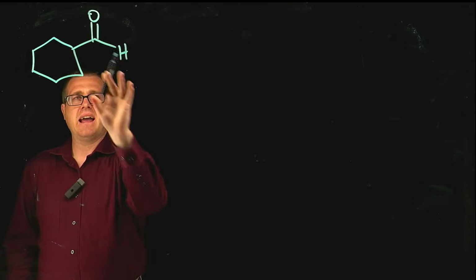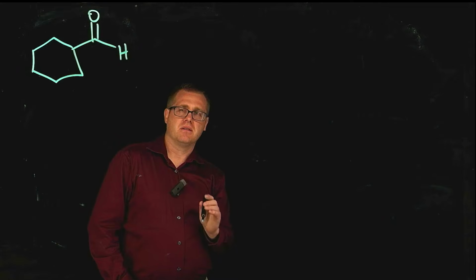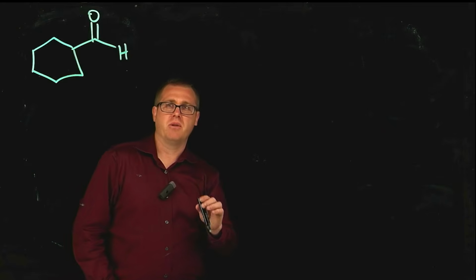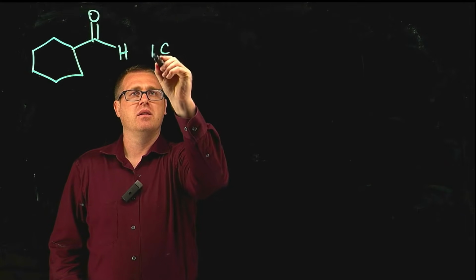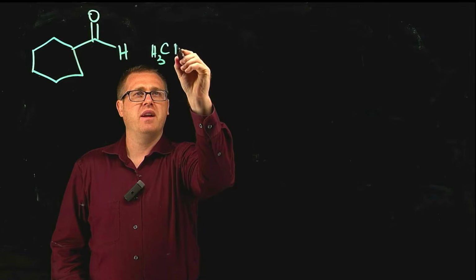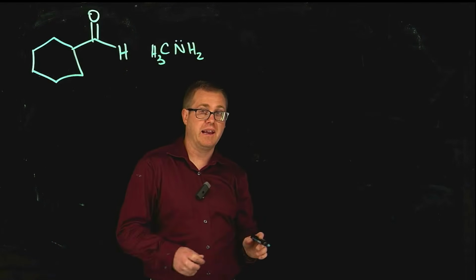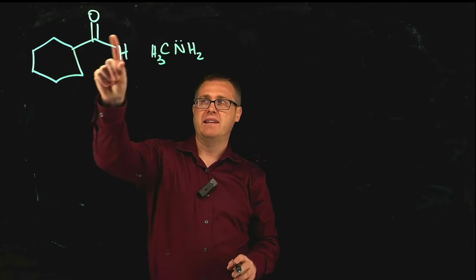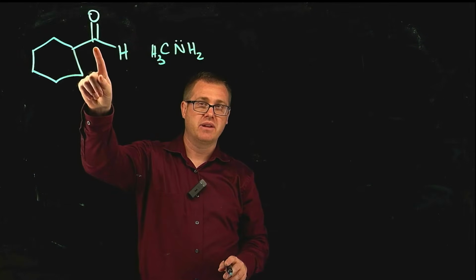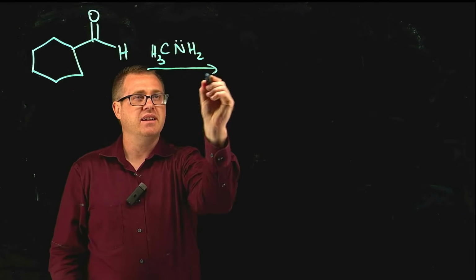So let's say we have an aldehyde here, and we want to treat it with a primary amine. Now this is very important that you understand the distinction. We are looking at primary amines reacting with aldehydes or ketones, and this is going to be under acidic conditions.